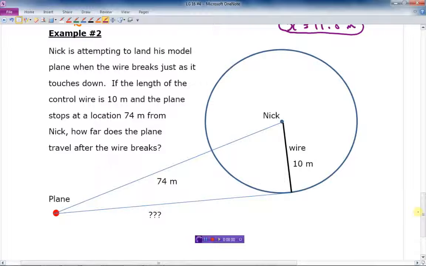And the plane stops after it crash lands, as you might say. So basically it disconnected where it touched down. And the idea is once it disconnects, it just continues in the same direction.